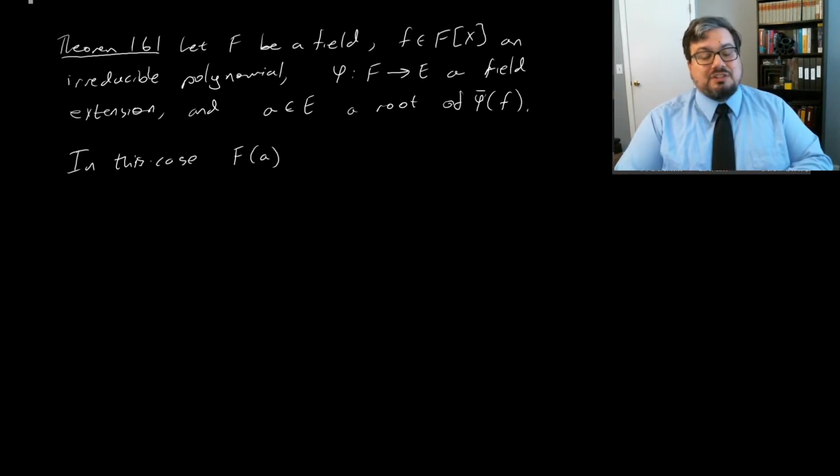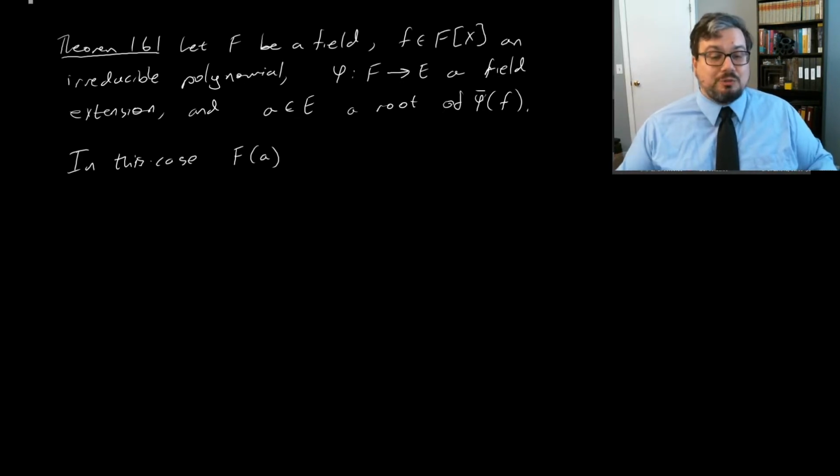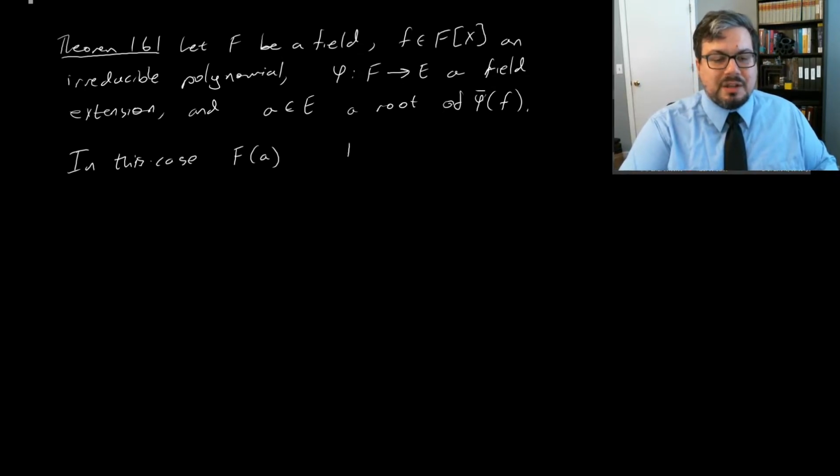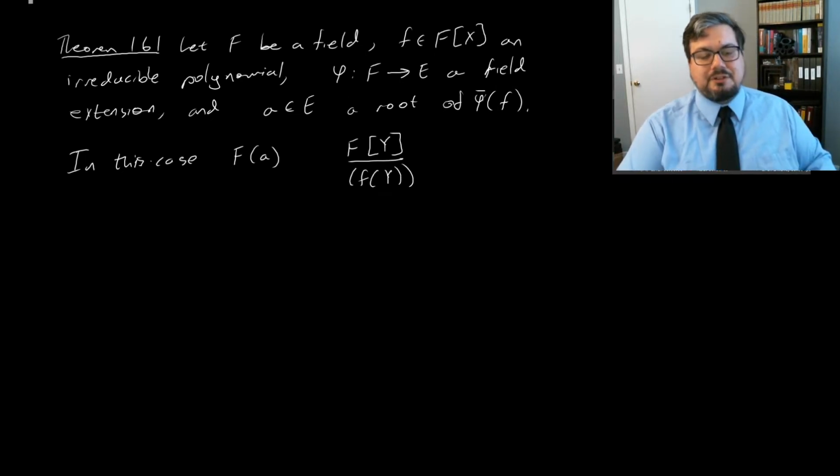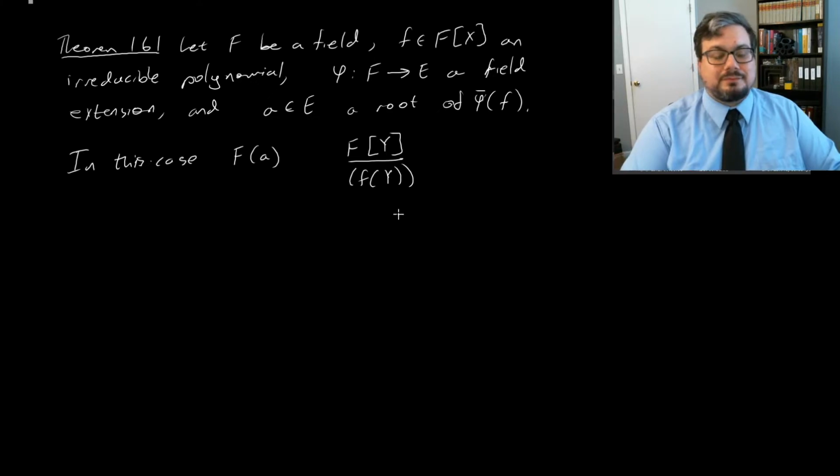So we just take the smallest subfield of E which contains this root a of f. But we could also, from Theorem 157, construct this field, F adjoin y modulo f of y, where here f of y is just what we get by taking the polynomial f and replacing all of its variables x's with y's.